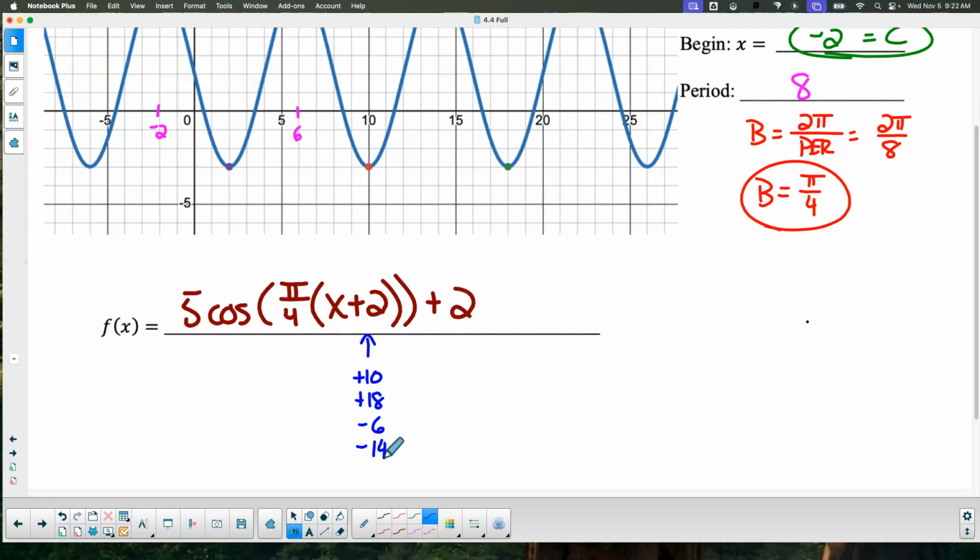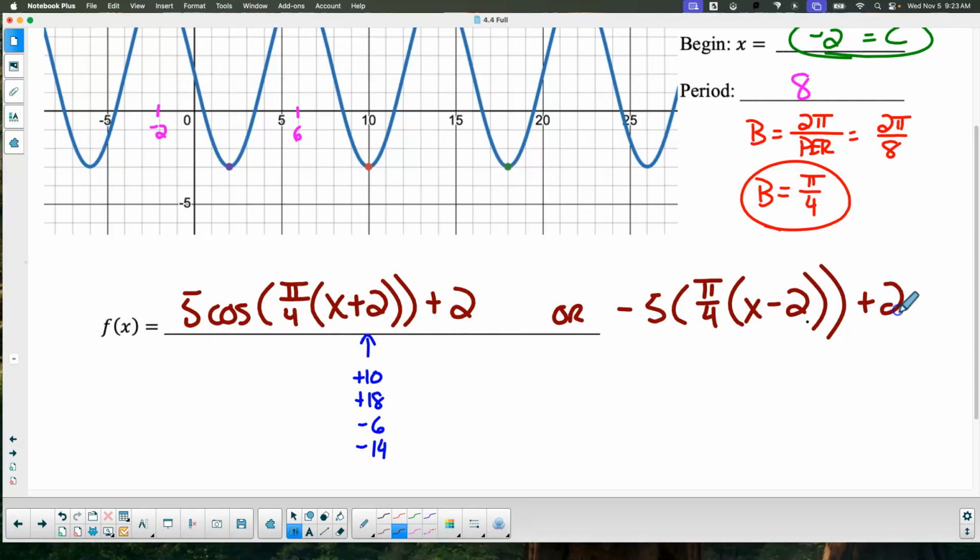Or we're down to minus 2, and then plus 2. If we went with a negative A value, these again would all be off by 8 there.